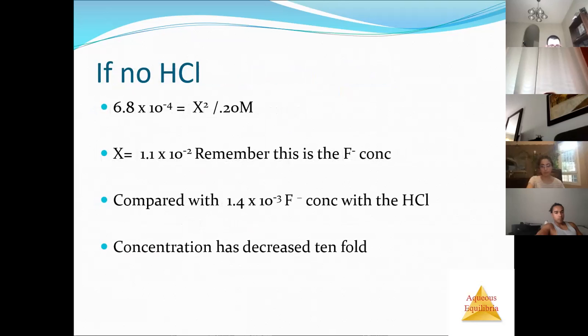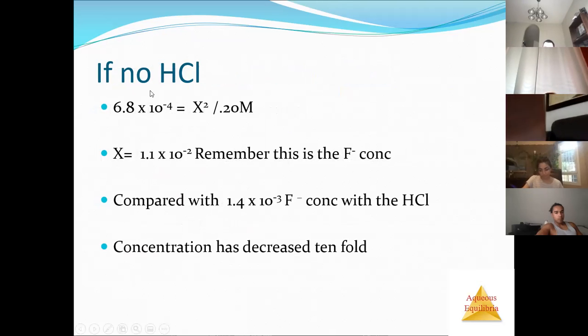If I had no HCl, my equilibrium expression would be the very top line here. Remember, my X turned out to be 1.1 times 10 to the minus 2. That was the F- concentration. I'm sorry, I missed something there.